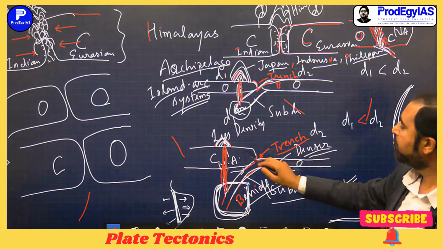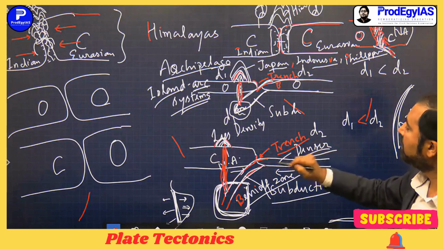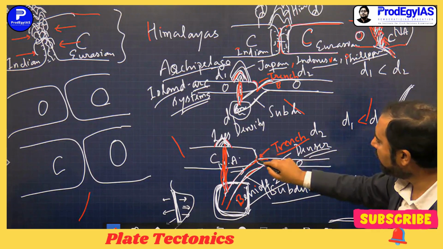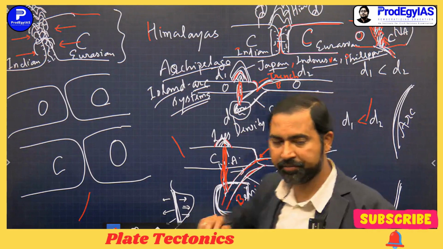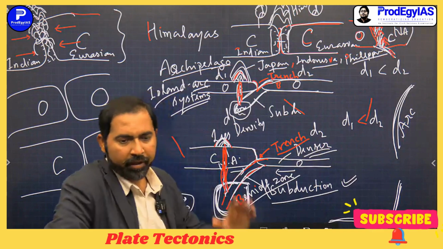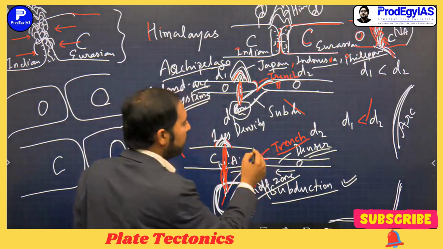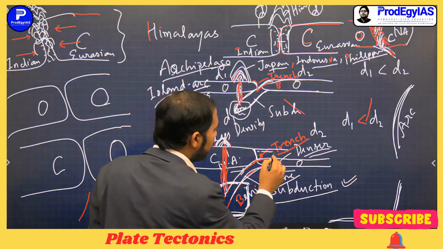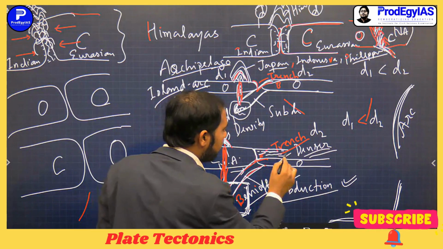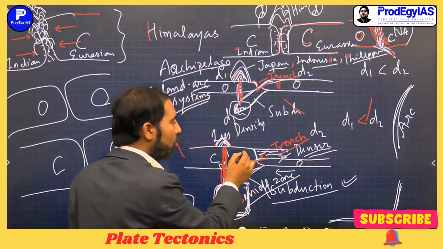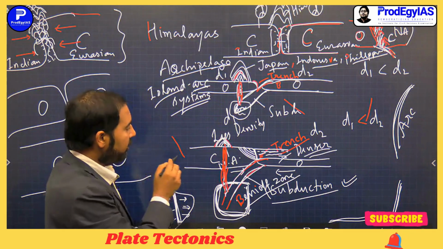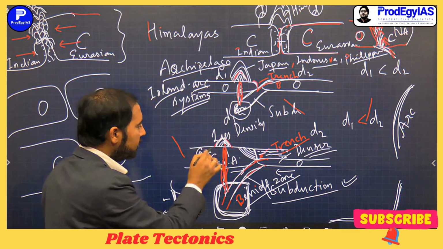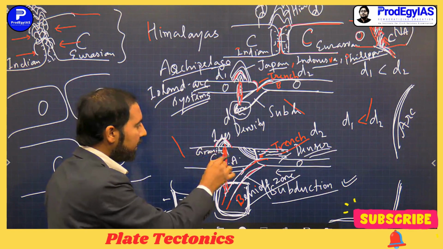Okay. And what will happen here? Because this is the continental part and there are more chances of granitic erosion. Where there is an oceanic area, water will erode away this part of the continent, because granite is more easily eroded than basalt.